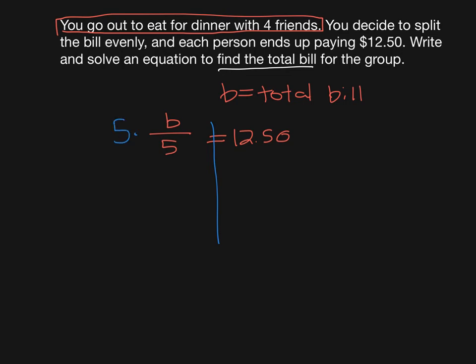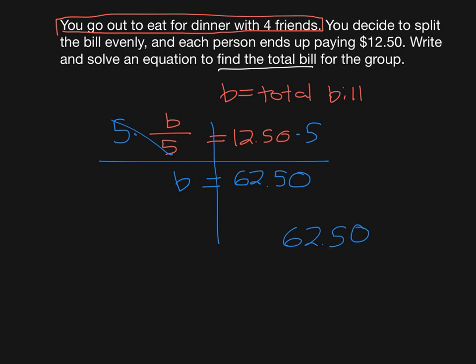We're going to multiply by 5, and we get b equals $62.50. That was the total bill for the meal.